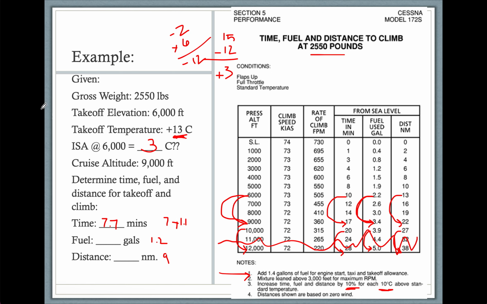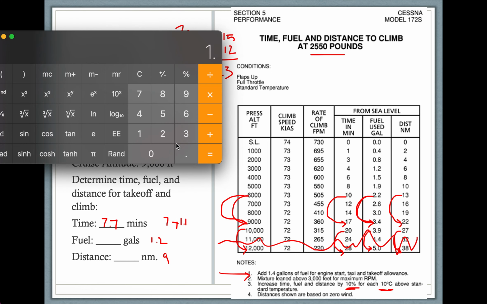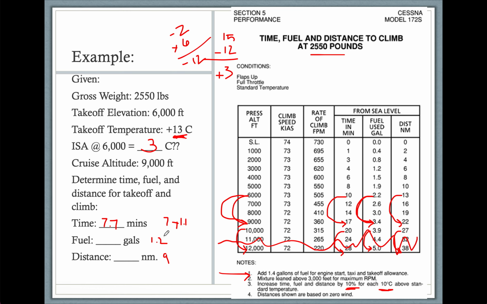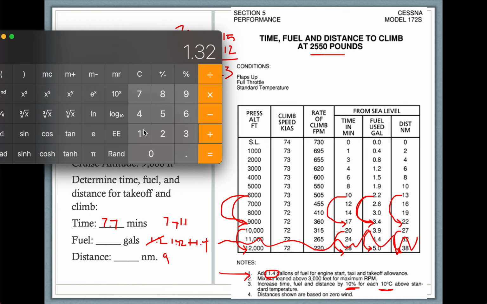Fuel is a little harder. Okay, what's 1.2 times 1.1? 1.32 gallons is how much fuel it takes then. But hold on, I need to add my note 1, my 1.4 gallons here, so don't forget to do that. Plus 1.4.